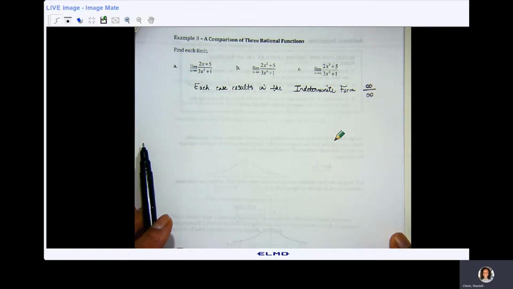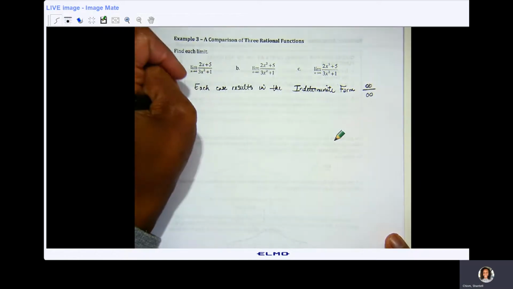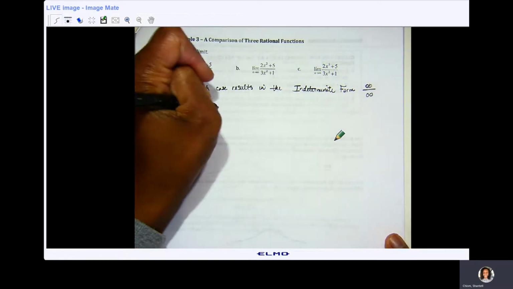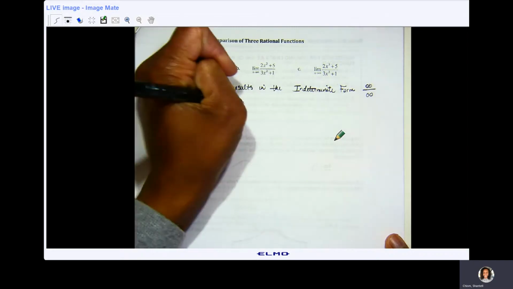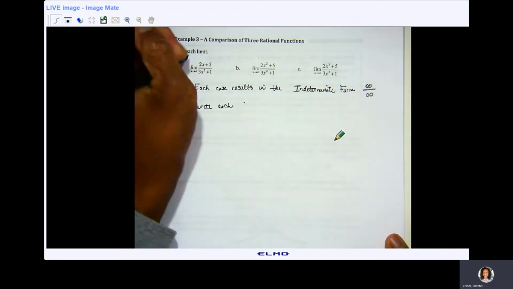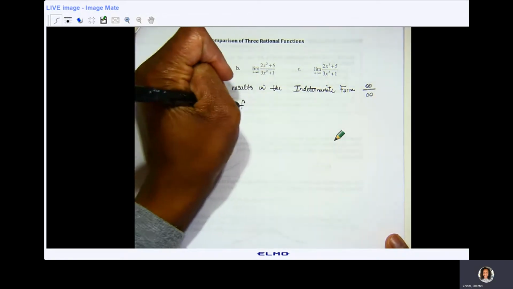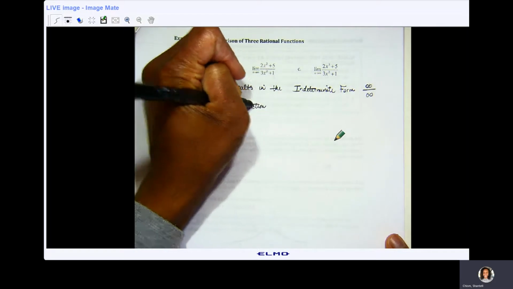And what I'm going to do is take note of the fact that each denominator has x squared in it. So technically, I'm going to divide top and bottom by x squared, which means I'm going to multiply top and bottom by 1 over x squared. So we're going to rewrite each function, because they're functions.